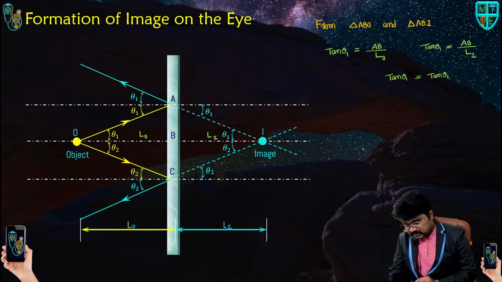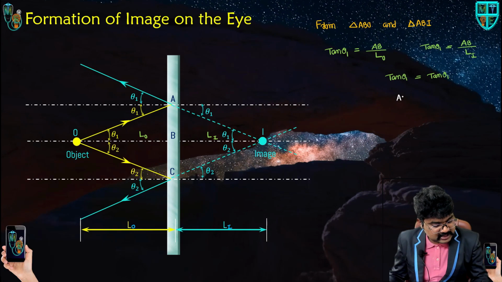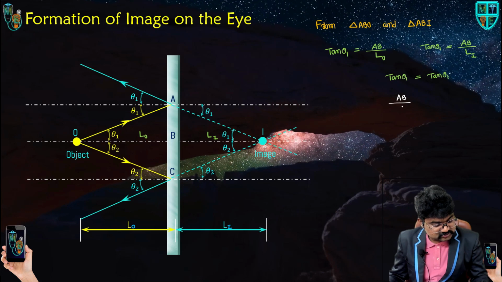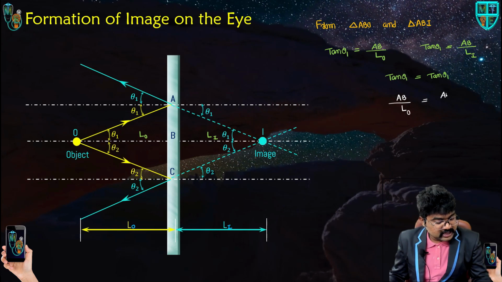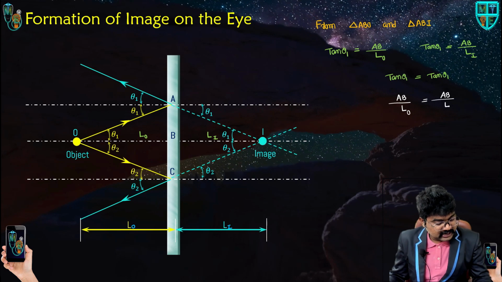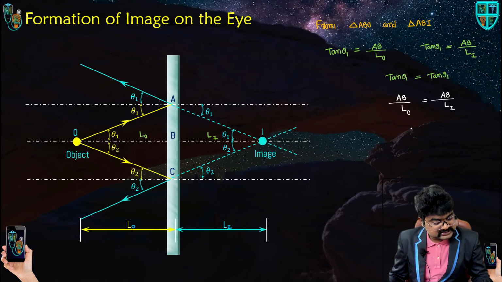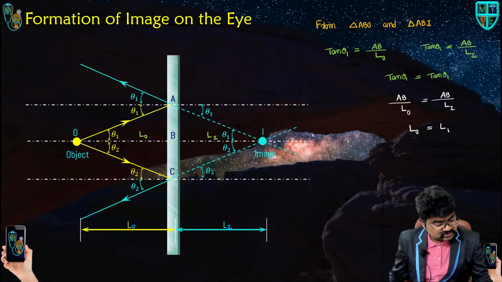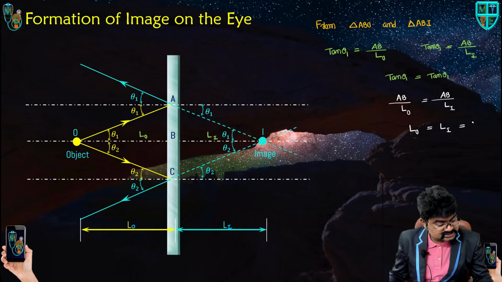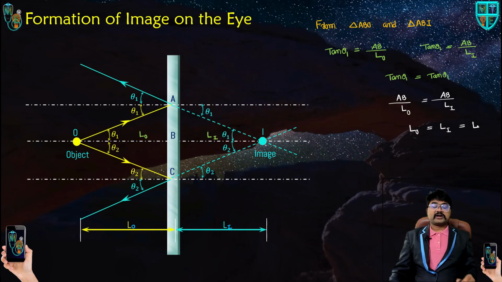Finally, you are getting a beautiful equation. AB by L naught equals AB by Li, so AB gets cancelled out. Then L naught equals Li equals L. So both are equal.